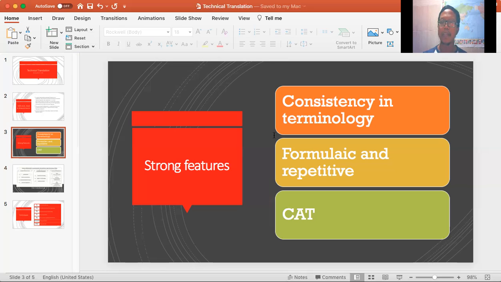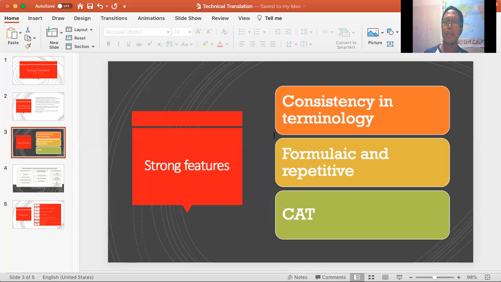And this is the importance of developing terminology management. As a translator you need to develop your own terminology management or terminology dictionary for you to consult every time you need to look up a certain term.